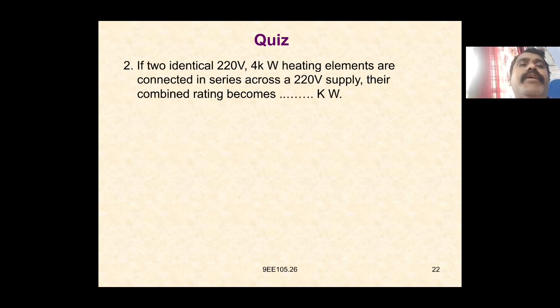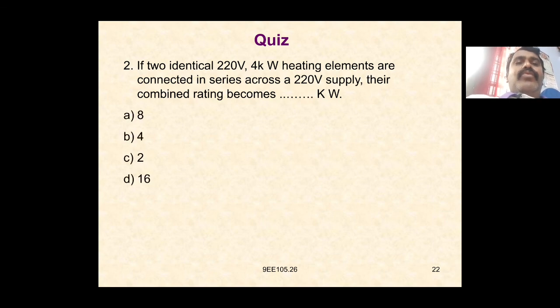If two identical 220 volt 4 kilowatt heating elements are connected in series across the 220 volt supply, their combination rating becomes how many kilowatts?